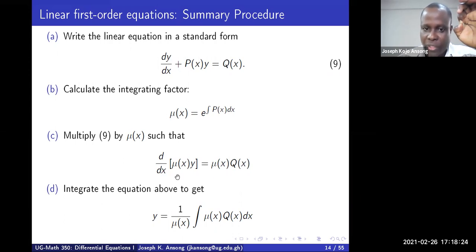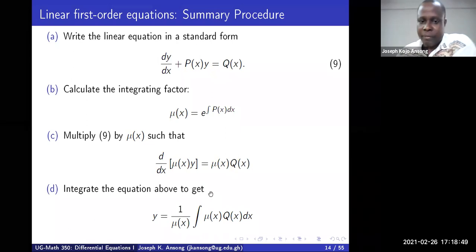Once you get this equation, integrate both sides of it and divide through by mu of x, and you end up with a solution to the differential equation, which is given by this. Now you can ask, can I just use this formula here? Yes, you could use it because you know mu of x, you have computed it, and you know k of x. But it's better to know the procedure.